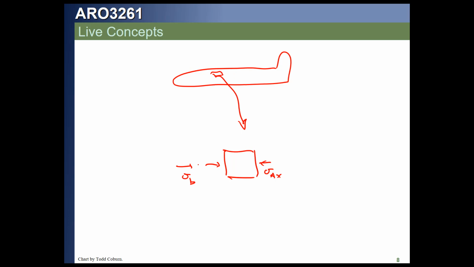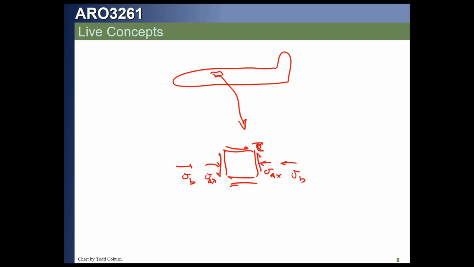Up on the top, it will probably be tension, and on the bottom, it will probably be compression. Because we will have a transverse shear, we're going to get a shear stress on the element, and if we have a torque, that will also induce a shear stress.